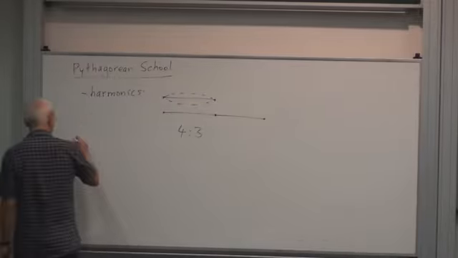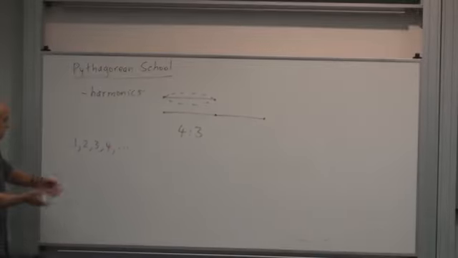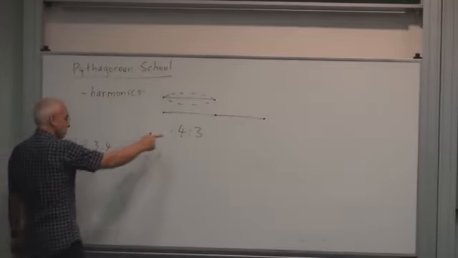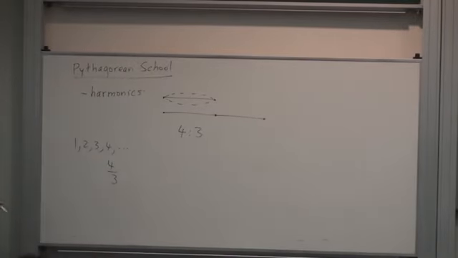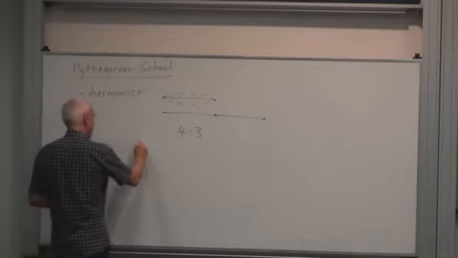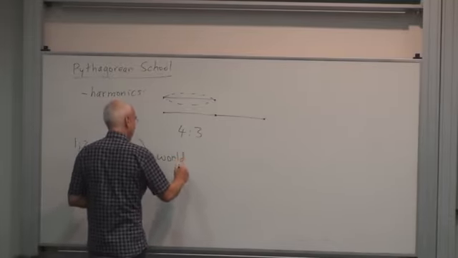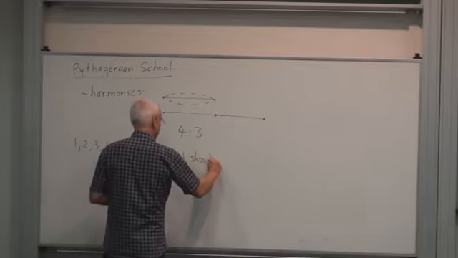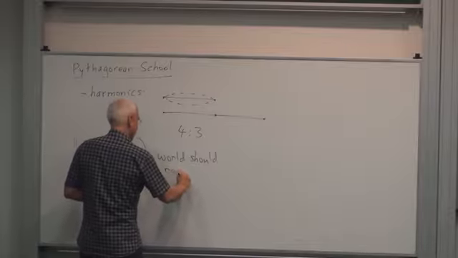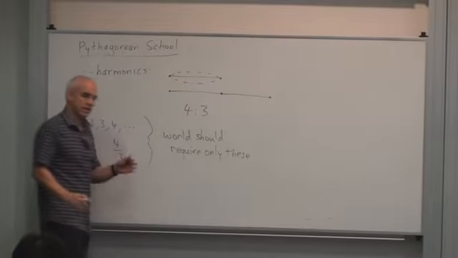And when they say numbers, we're talking about ordinary natural numbers and numbers that you could build from them, ratios like this, or maybe what we would call fractions. Okay, so their idea was that the universe, the world, should be explainable only in terms of these kind of numbers.